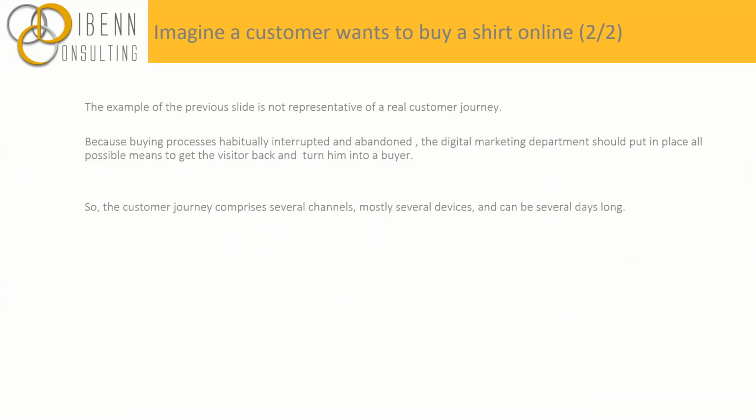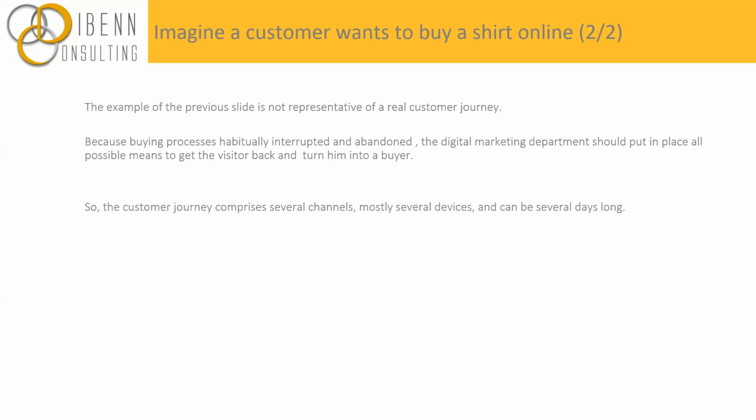So yes, it seems pretty straightforward, but the example of the previous slide is not representative of a real customer journey, because buying processes habitually are interrupted or abandoned. The digital marketing department should put in place all possible means to get the visitor back and turn him into a buyer. So the customer journey comprises several channels, mostly several devices, and can be several days long.